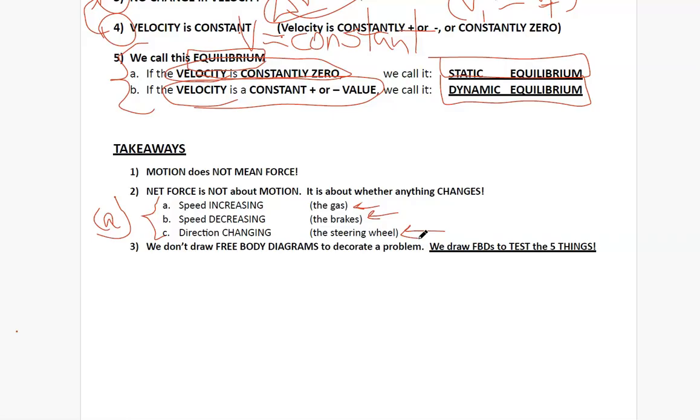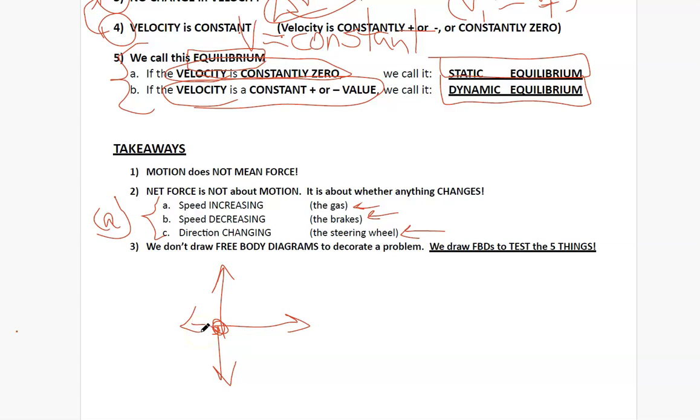Now, we don't draw free body diagrams, which we haven't done that much of yet so far. We'll do more soon. But we don't draw these free body diagrams where we have some object and maybe there's an applied force here and a weight force here and a normal force here, and maybe there's a friction force here. There might be other forces, or some of these might not be there.